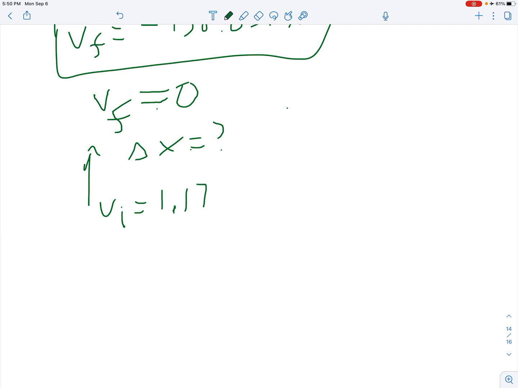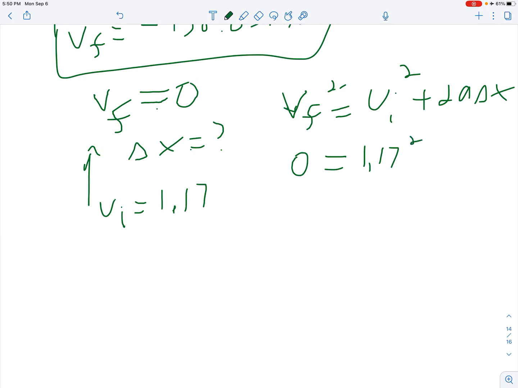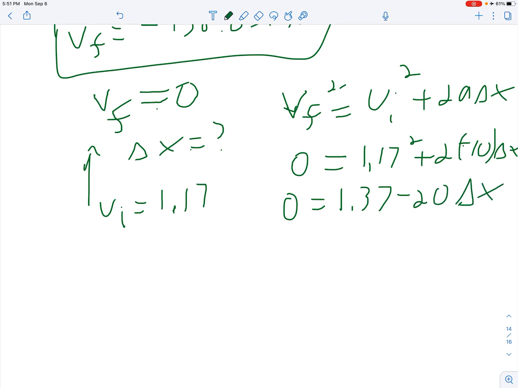So I'm going to use VF squared equals VI squared plus 2 a delta x. So I get 0 equals 1.17 squared plus 2 times negative 10 delta x. 0 equals 1.37 minus 20 delta x.